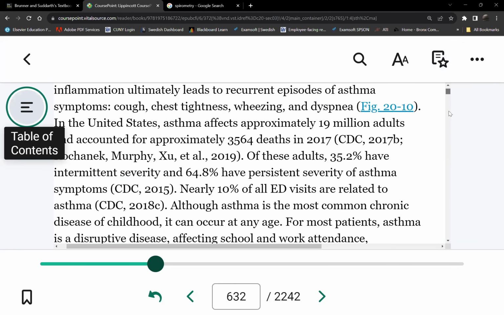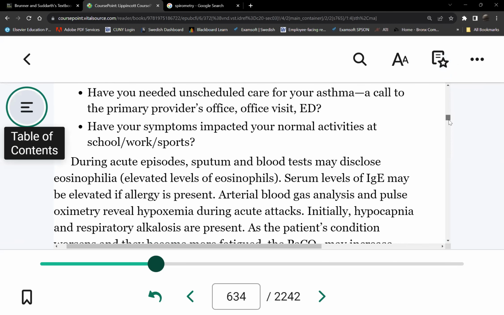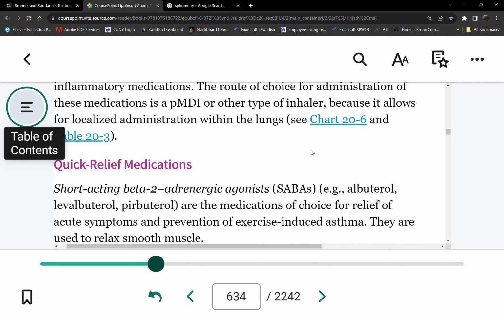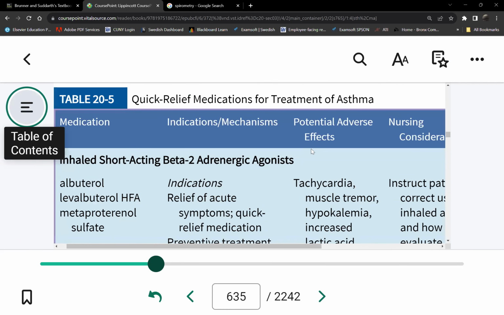Go to medical management. All right, here are the drugs. Table 20-5. It's a long list. And these are forever, okay?